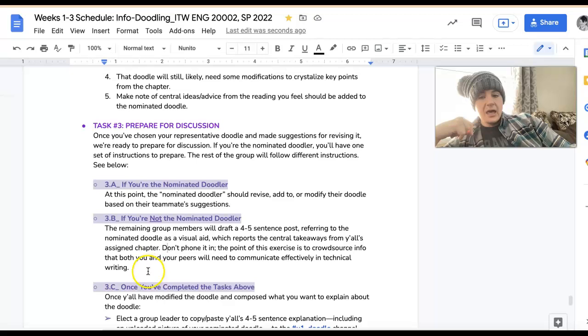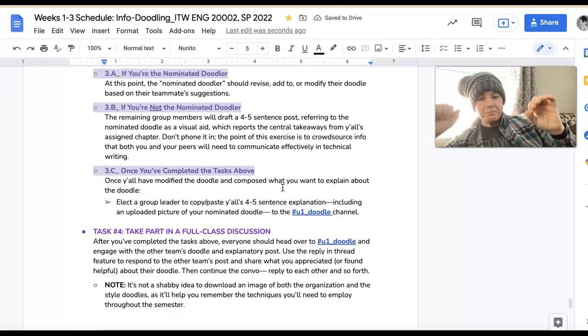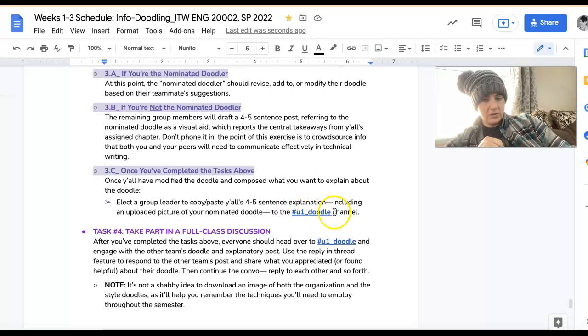All right. And then once both the doodler and the rest of the group are done, you are going to elect a group leader to copy and paste whatever your 4 to 5 sentence explanation is to the Unit 1 Doodle channel, and along with that upload the revised nominated doodle.